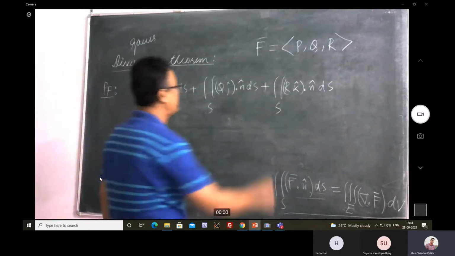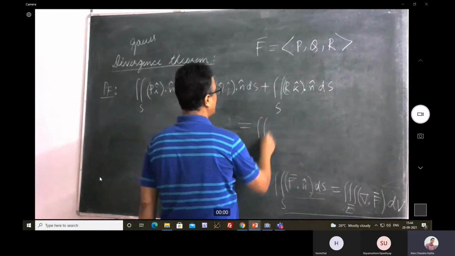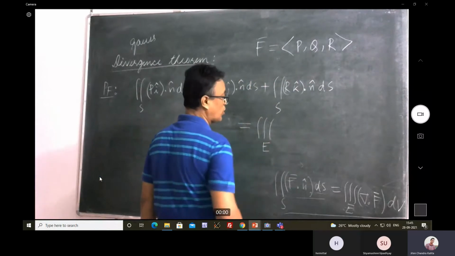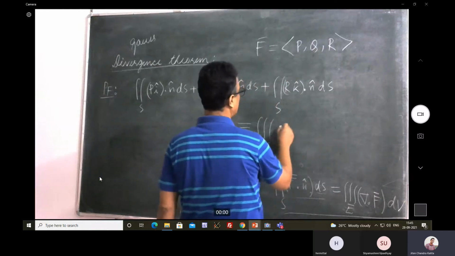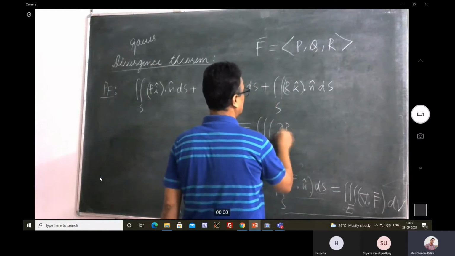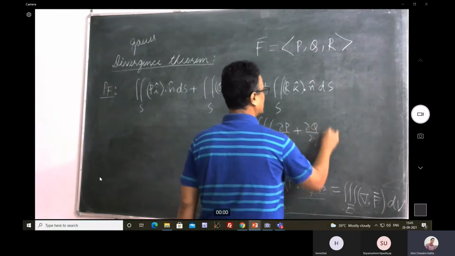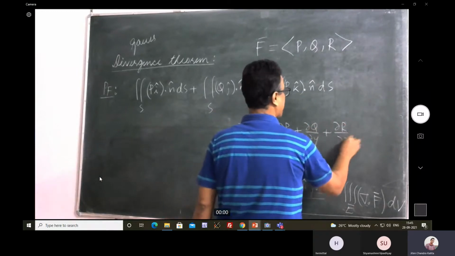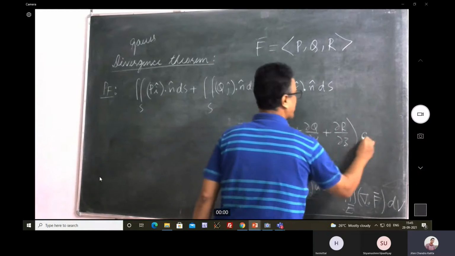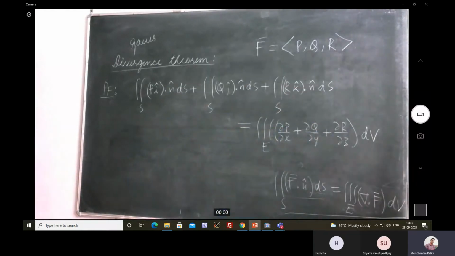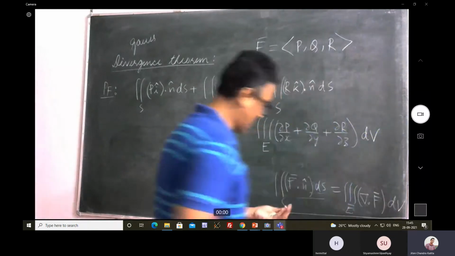Right? And the right hand side can be broken into that. Is it okay? Fine? Yeah. Right hand side can be broken into that.